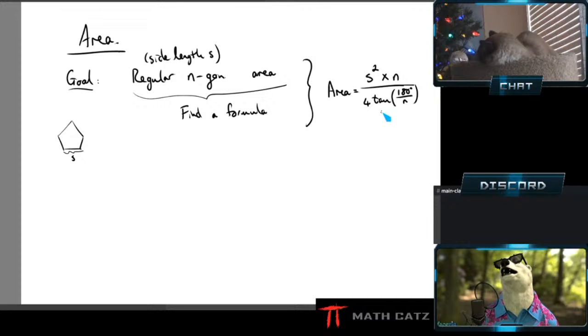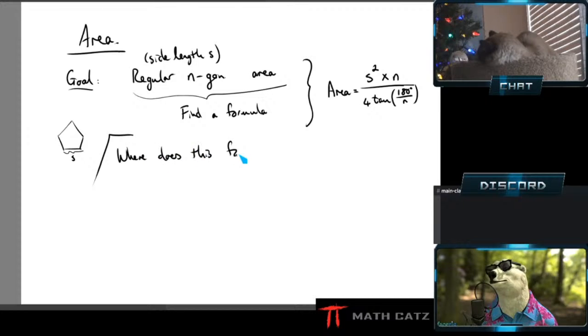By seeing where this comes from, it makes math a little less mysterious. So let's just see, where does this formula come from? It's nice. I like it. Let's have a look. Let me just move my stuff.